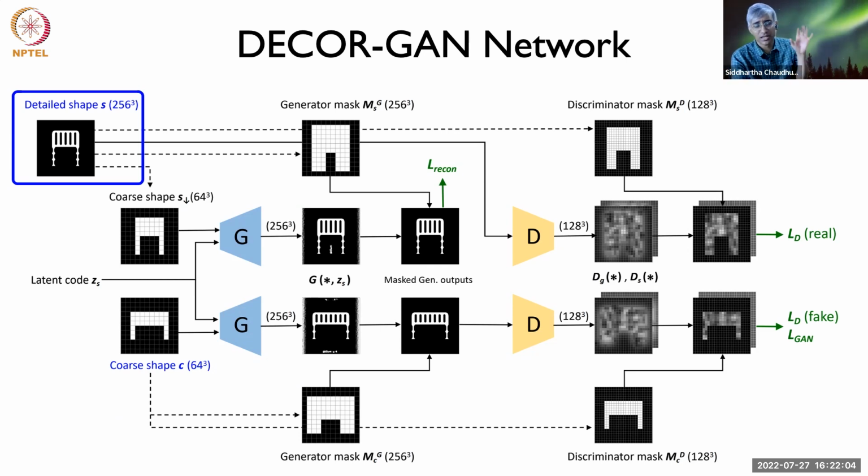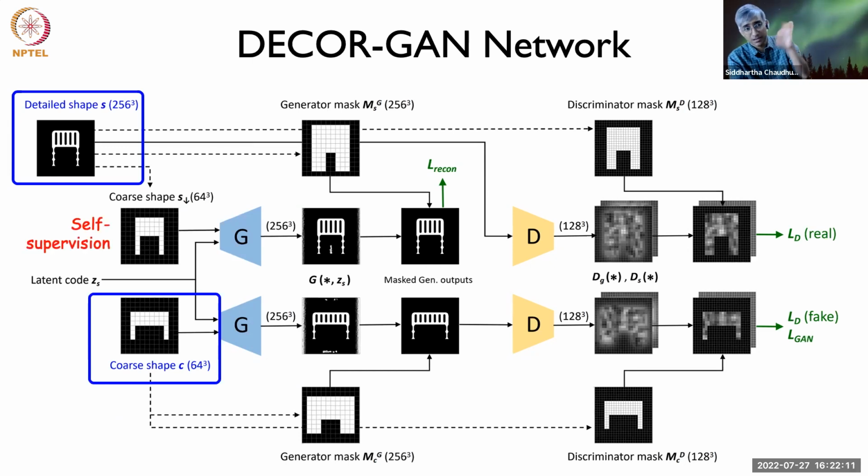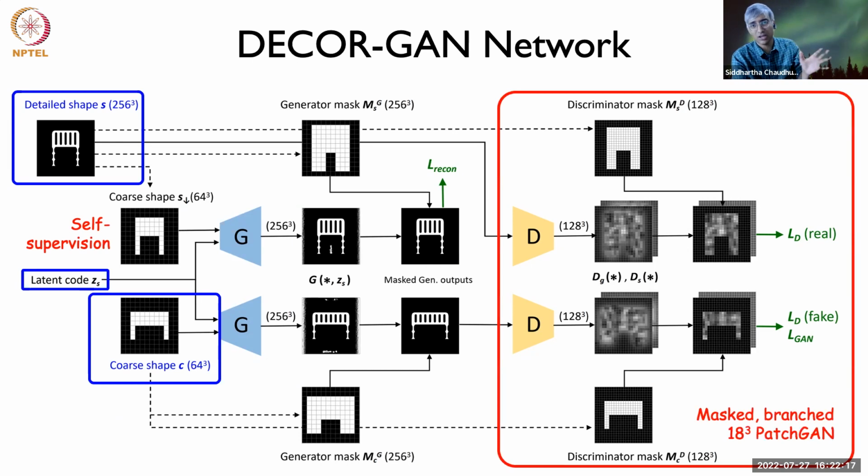Right? So you're given this detailed shape top left, you derive one coarse shape from it by self-supervision. You take another coarse shape that you got from somewhere else, and then you define certain losses, and you penalize the output based on whether the patches in the super resolved or detailized output resemble those in your detailed shape or not.